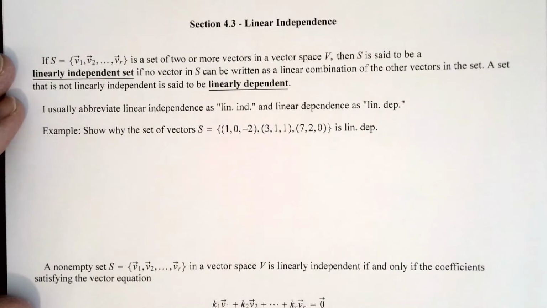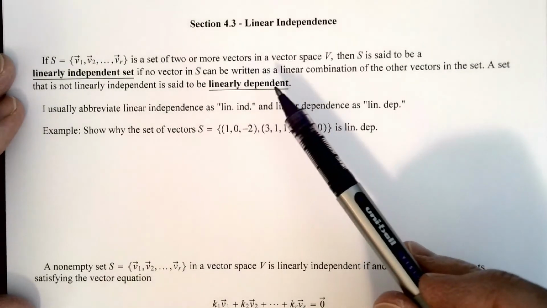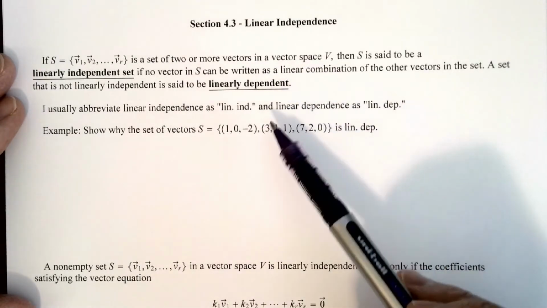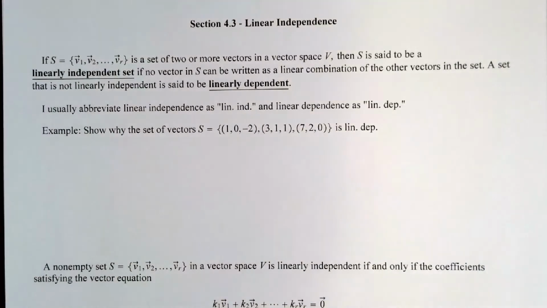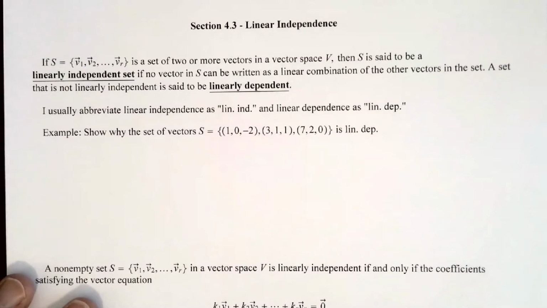Let's show that this set is linearly dependent. Well, what must that mean if it's linearly dependent? If they're linearly independent, then we cannot write any one vector as a linear combination of the others. Therefore, if you're linearly dependent, it must be that at least one of the vectors can be written as a linear combination of the others. And I'm going to show you that right now.